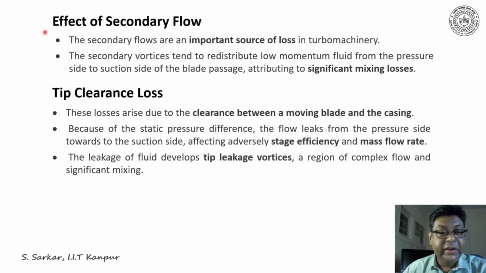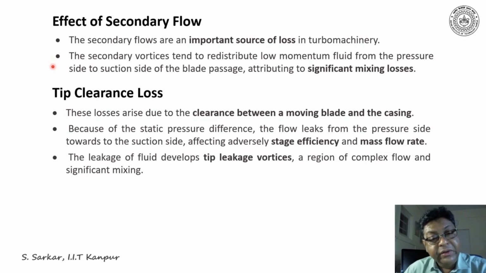Now let me explain the effect of secondary flow. Secondary flows are an important source of loss in turbomachinery. We will have to live with secondary flow. However, we should know how to minimize the secondary flow losses.